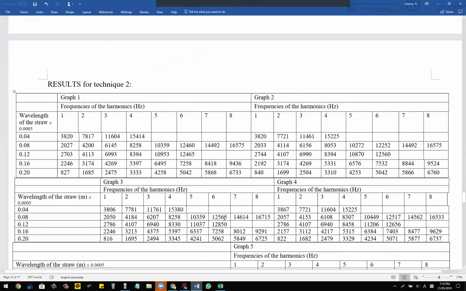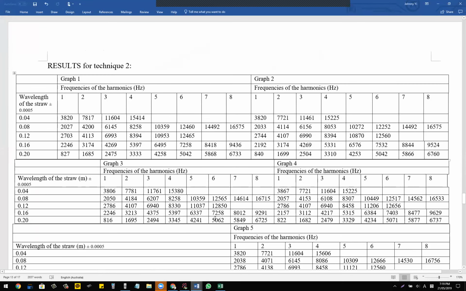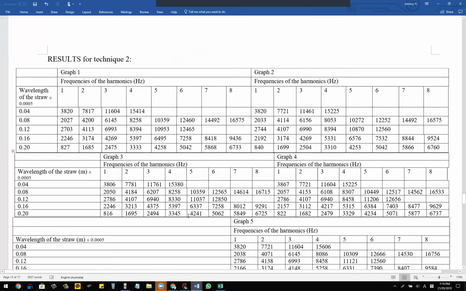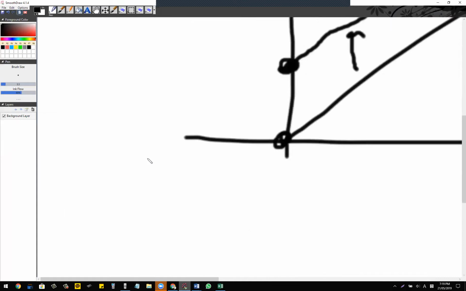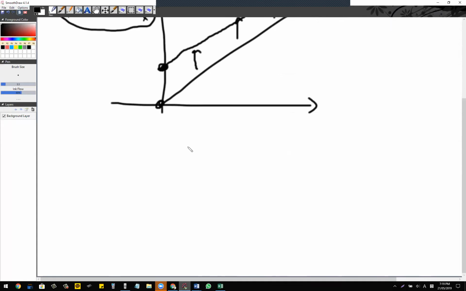Now, what is technique 2? Can you tell me what technique 2 was? So we got 5 different lengths of straws. So we changed the length of the straw. So one was 4, 8, 12, 16, 20. Then we blew the straw for like 5 seconds onto a software called Audacity.